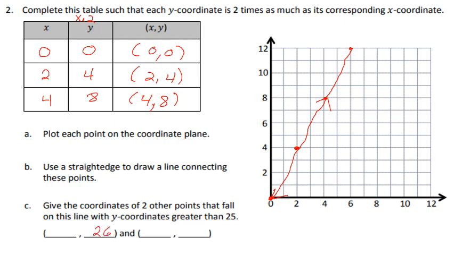And I know 13 times 2 would give me 26. So I know this would be a point that would be on that line. And I'm going to stick with even numbers because it makes it easier. And I'm going to take 28 because that's greater than 25. And I know 14 times 2 is 28. So there's my 2 points that would still be on that line.